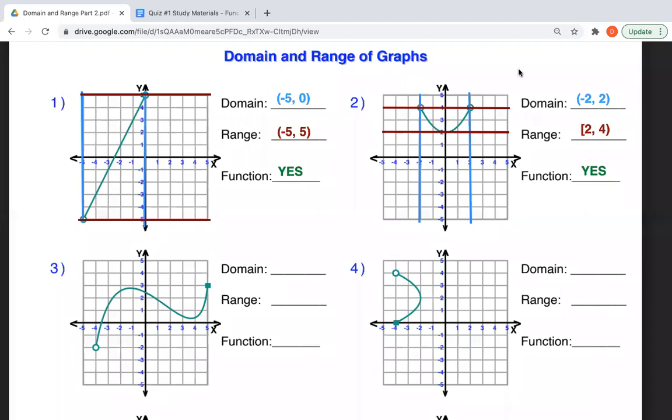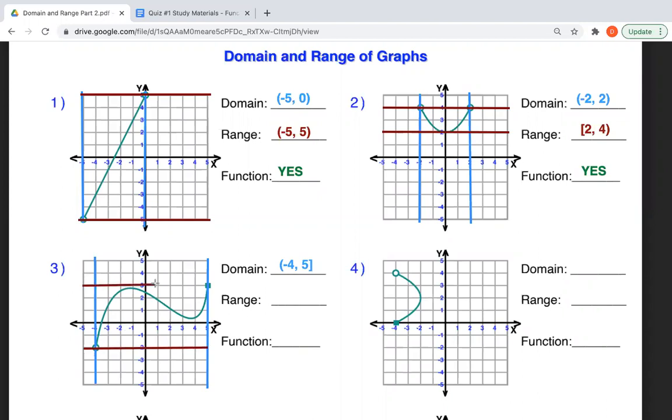Number 3, let's place our walls. The left wall is at -4. The right wall is at +5. The left wall goes through an open circle. The right wall does not. So we'll have a parentheses on the left and a bracket on the right. The bottom of the graph is at -2, going straight through an open circle.